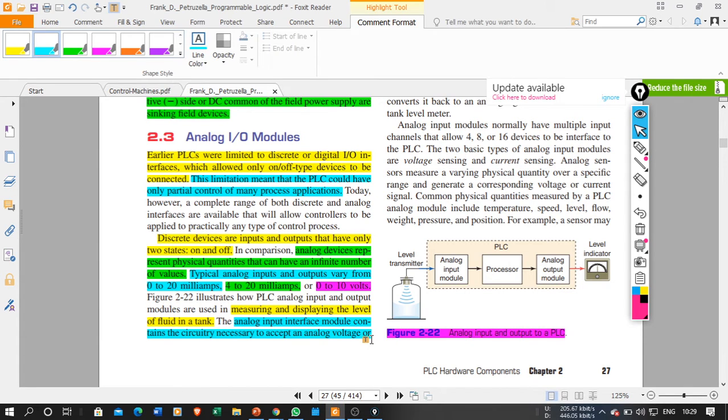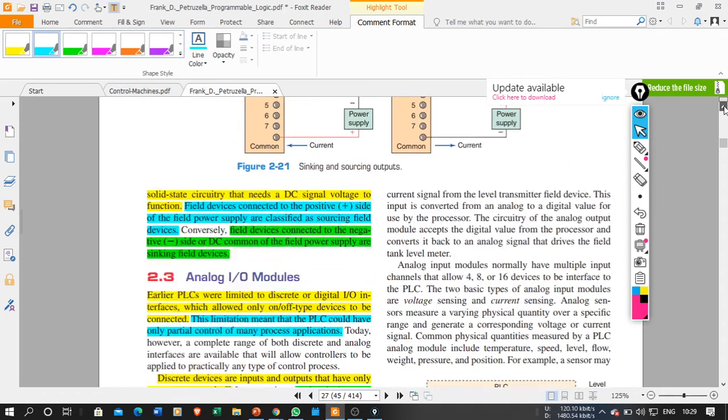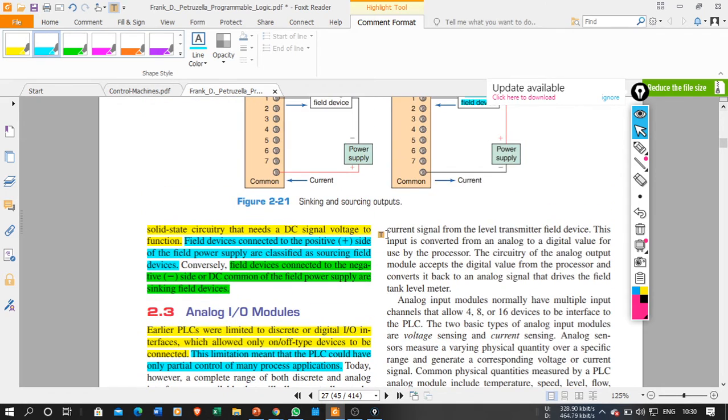Okay, so if I am going to use an analog module, then I need to use ADC, analog to digital converter, in the analog input module. Because analog signals are not understood by the microcontroller or the controller which is used inside the PLC. So my analog input module will accept the analog voltage or analog current, whatever that may be, voltage or current signal from the level transmitter field devices.